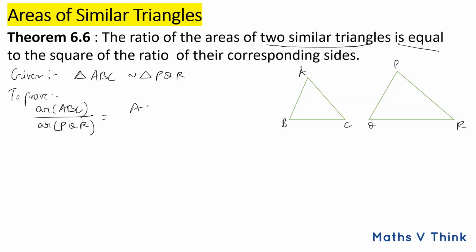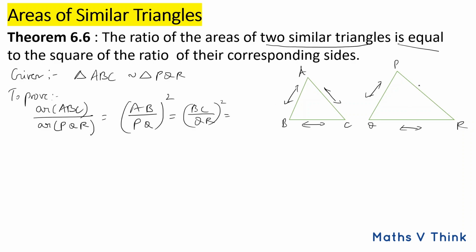So the ratio of the sides AB by PQ, corresponding sides, and their square, AB by PQ, same way BC by QR, same way AC by PR. These are the corresponding sides.